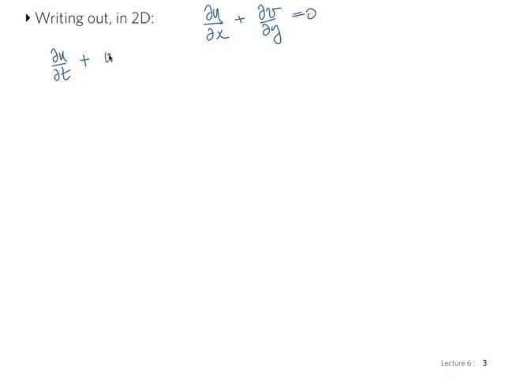We have the unsteady term, u du/dx plus v du/dy, and on the right-hand side the pressure gradient in the x direction, and the viscous term, the Laplacian of u.